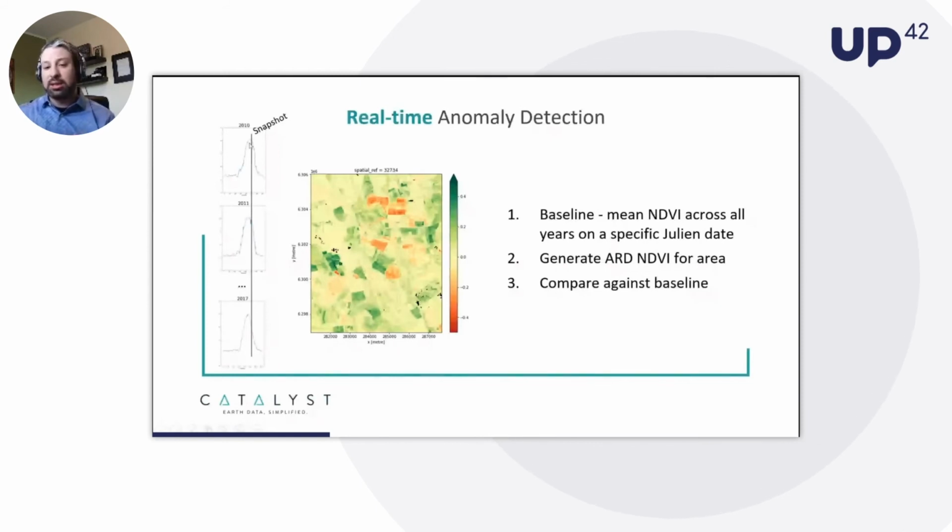That creates the baseline, and then we can compare today's imagery to that. Anything in yellow is essentially growing at the expected rate. Anything in red means the KPI is performing below expectation, and green means it's performing above expectation.